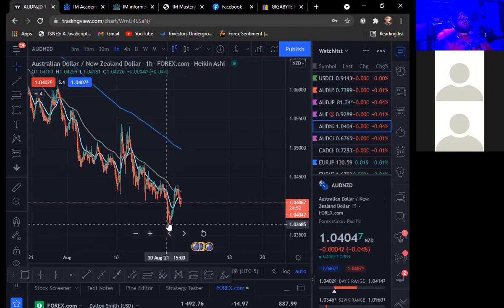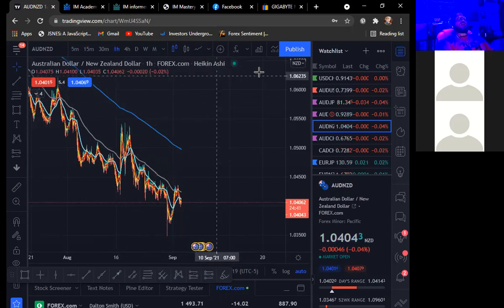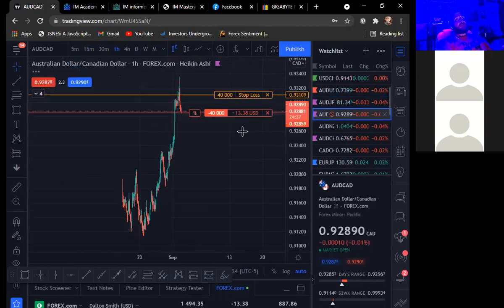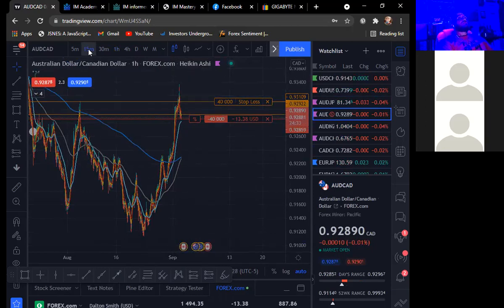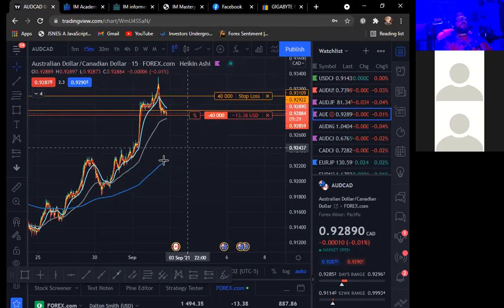All right, so we bounced off the 200 here. That looks good, and we're going to continue on. Watch your DeLoreans for stops, and the next highest DeLorean line is the right place to put the stop loss. So like on my trade here, I'm actively watching this trade. That's why I don't have a take profit here.